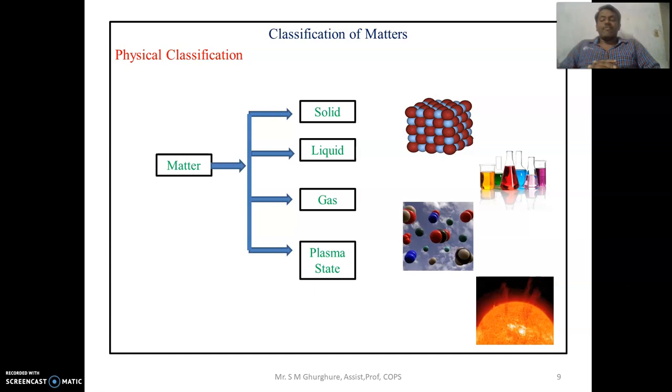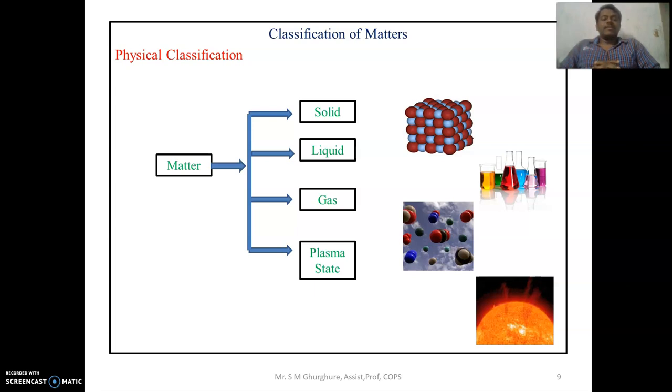Because of this, the gas molecules are able to move from one point to another point. The intermolecular force of attraction between gaseous molecules is negligible as compared to the solid as well as the liquid states of matter.